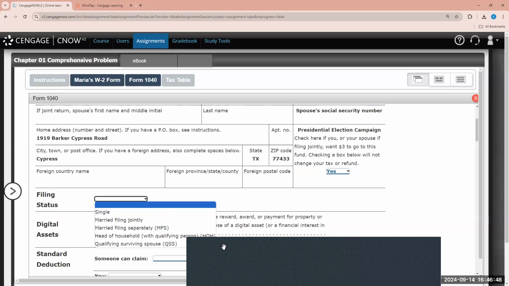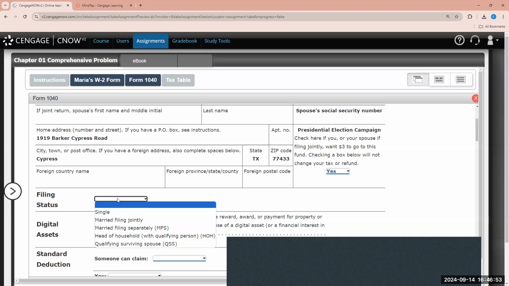There are 5 filing statuses. The first, single, simply means that you are unmarried as of December 31st. Married filing jointly means that you are married as of December 31st. So even if someone had a wedding ceremony on December 31st, and was only married for a day or several hours in the year, they are still considered married for the full year.